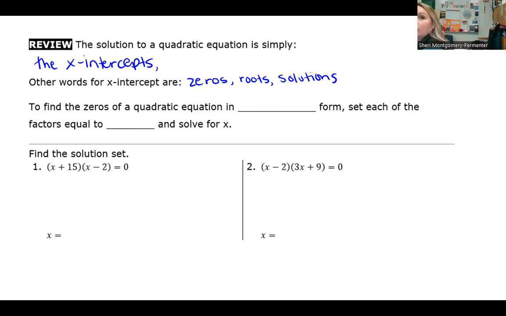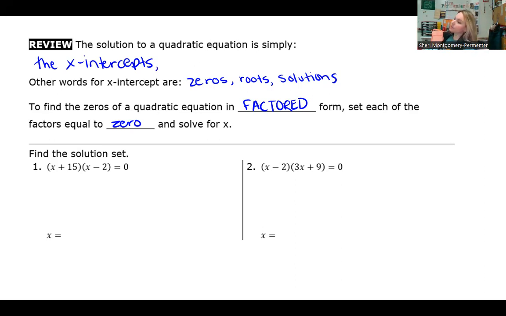Thank you. So other words for x-intercepts are zeros, roots, solutions. To find the zeros or solutions of a quadratic equation in factored form, set each of the factors equal to 0 and solve for x.